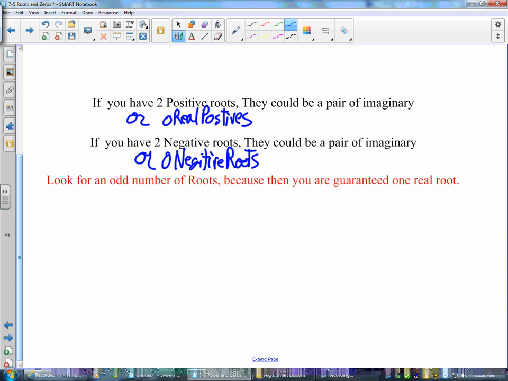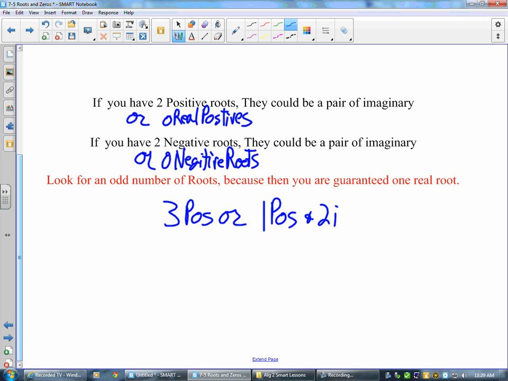If I came across and did Descartes' theorem and came up with 3 positives, then I could have 3 positives, but a pair of them might be imaginary. So I could have 1 positive and 2 imaginary. But because there's 1 left, I am guaranteed 1 positive.